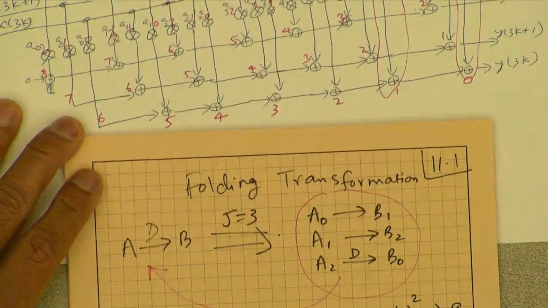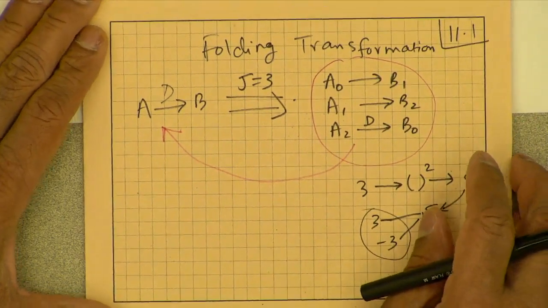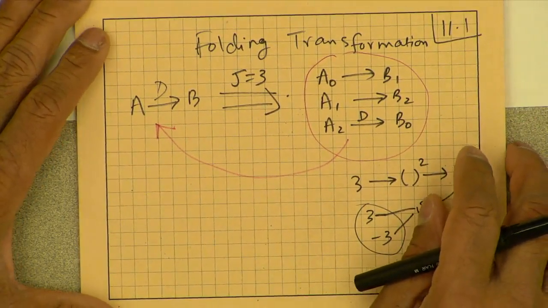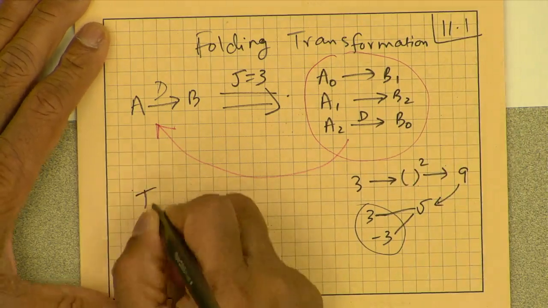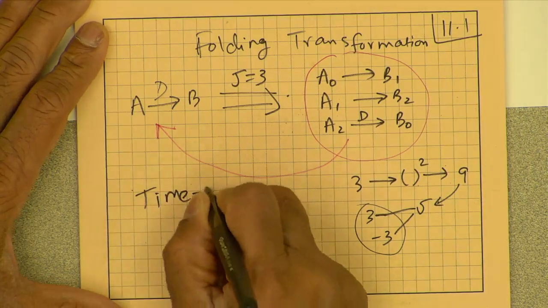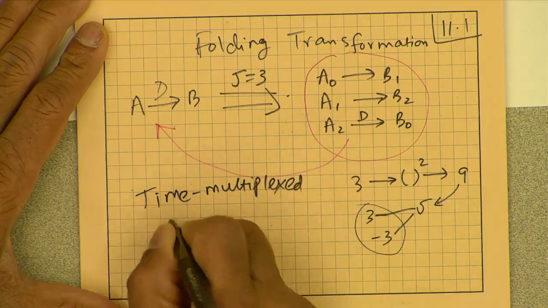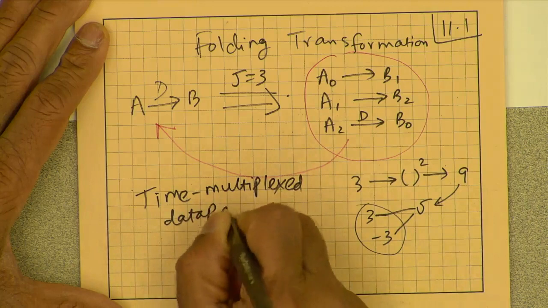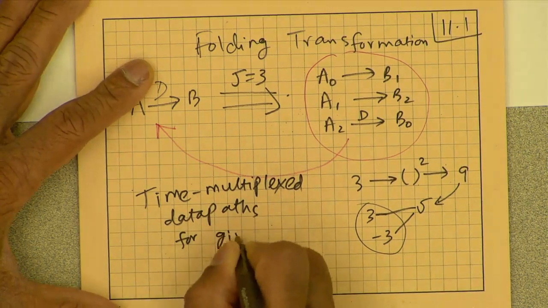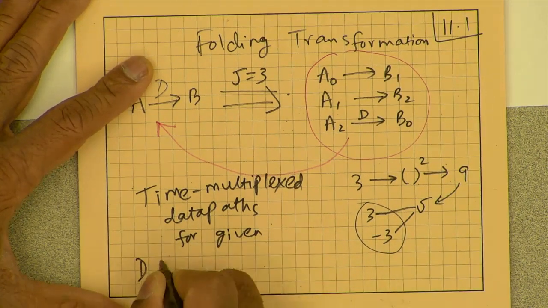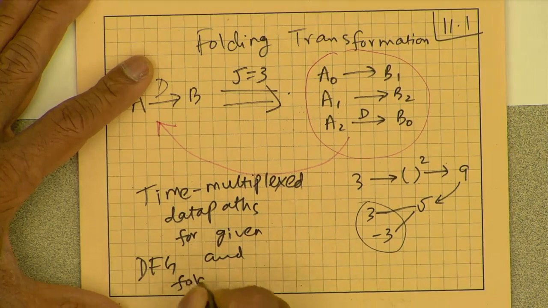That's the purpose of folding. It tries to design the time multiplexed data paths for a given data flow graph and folding sets.